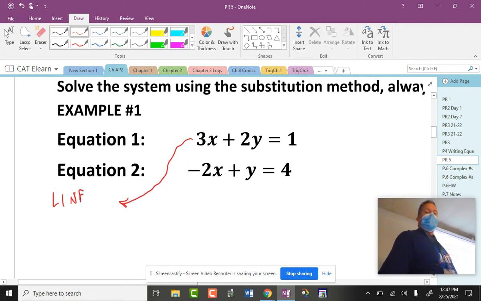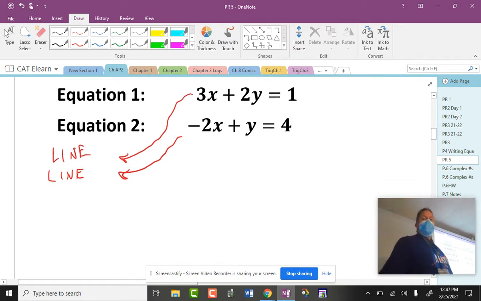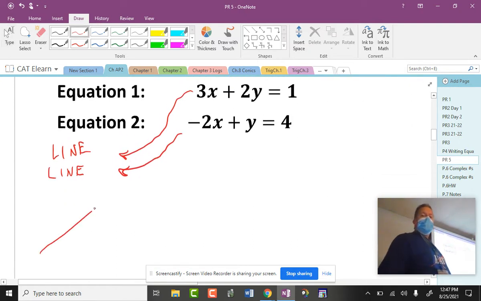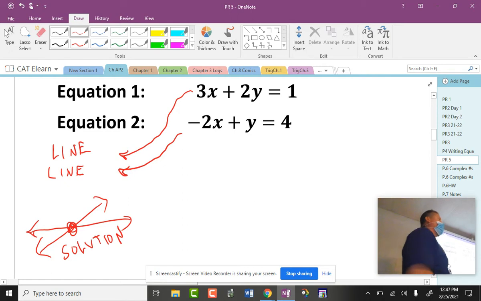That's a line with a slope, and that's a line with a slope. I'm not going to graph these two lines, but let's pretend that this is the graph of the first one, and this is the graph of the second one. Just making up something. That right there, where they intersect, is the solution to this system. So we remember that, I hope.